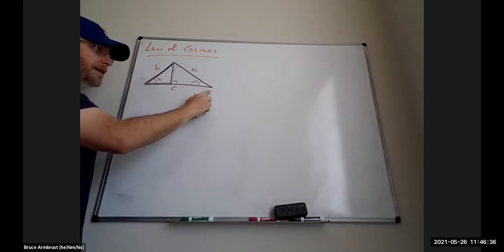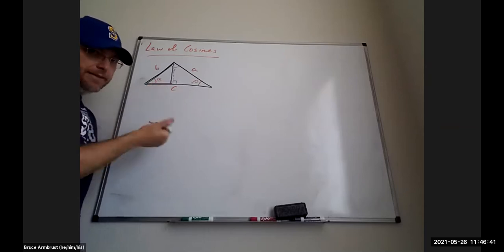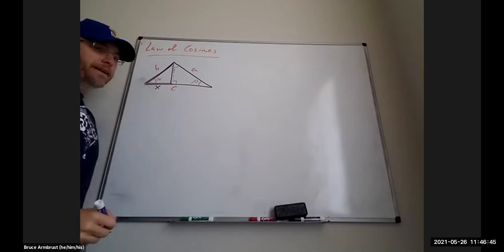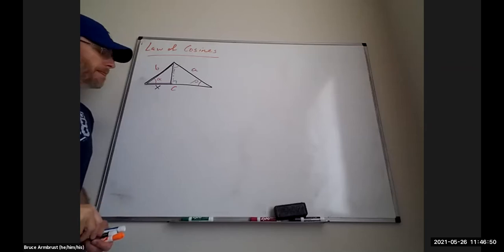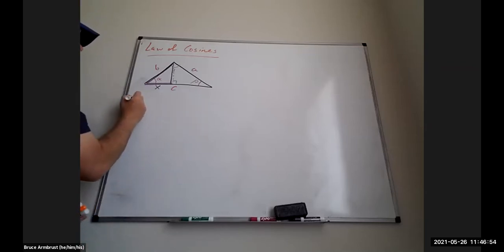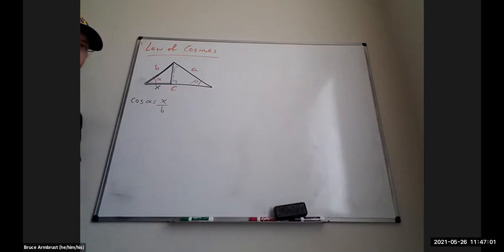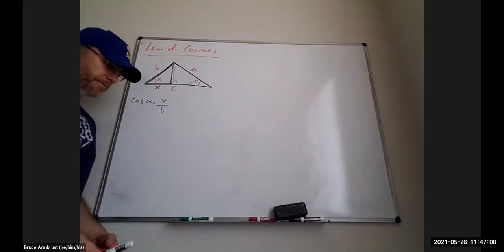I know the entire length of this is C, but I don't have the entire length. I only have a portion of it. So what I'm going to do for right now is I'm just going to call that X. It's some unknown length. But if I have that, then I know that the cosine of alpha is going to equal X over B. Okay, so if I know that X, there's my cosine of alpha.